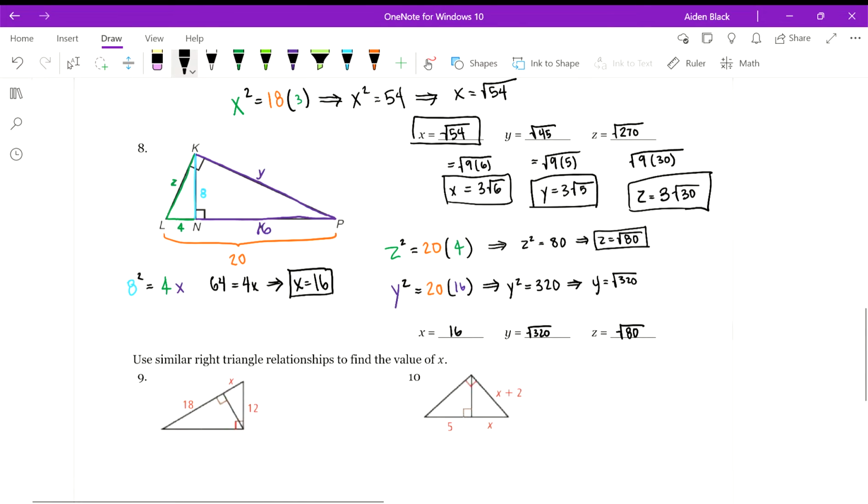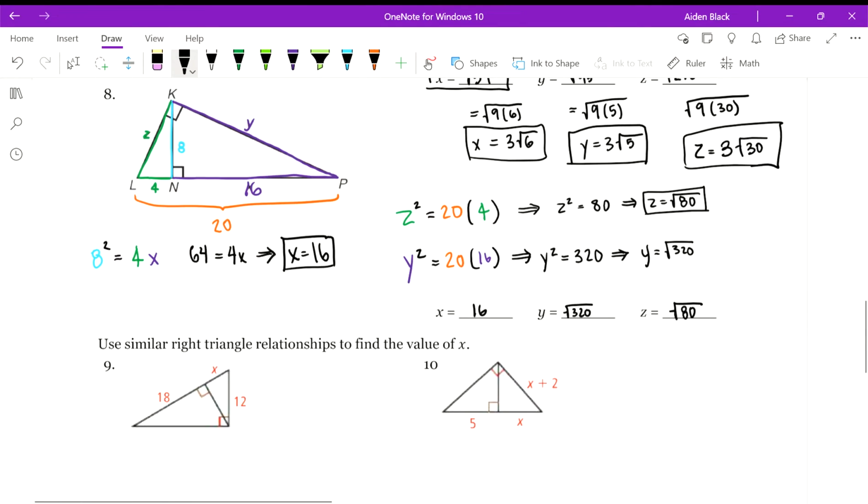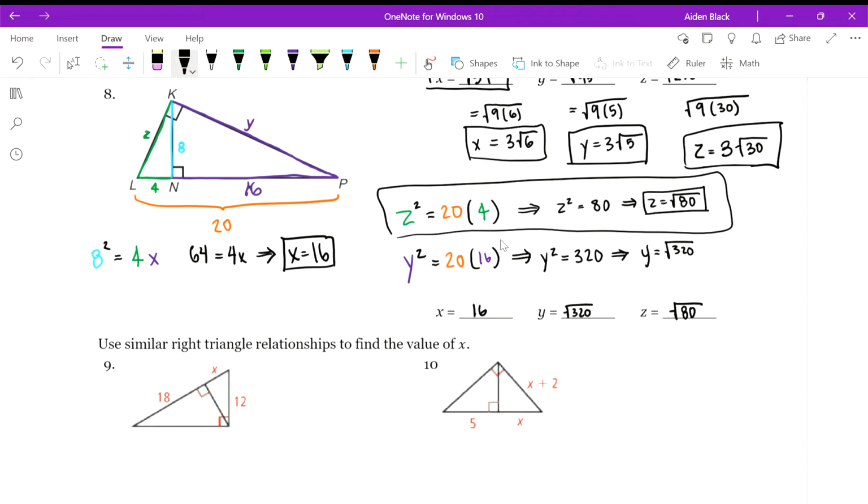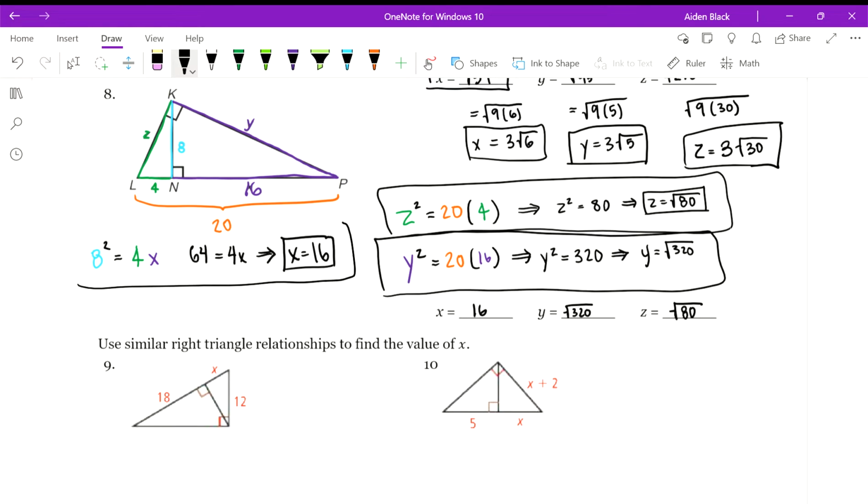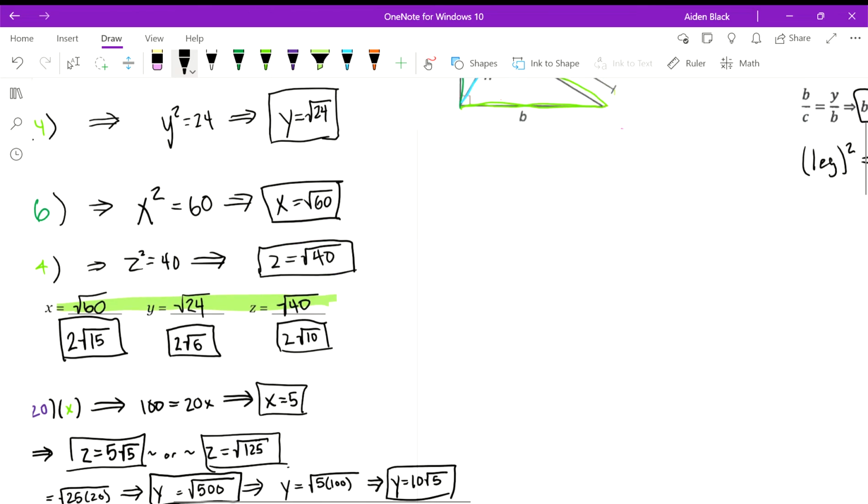Okay, good. So at the end of the day, this is all the work we did on this problem. The big thing is coordinating. You need to know what each part of the big right triangle is. It's the altitude, legs, and parts of the hypotenuse as well as the hypotenuse. And from there, you're literally just plugging them into these formulas here.